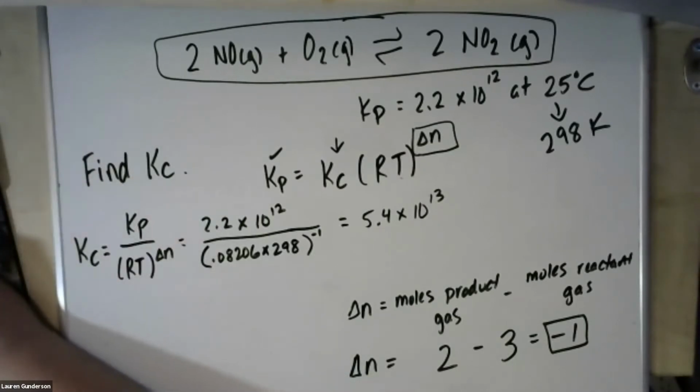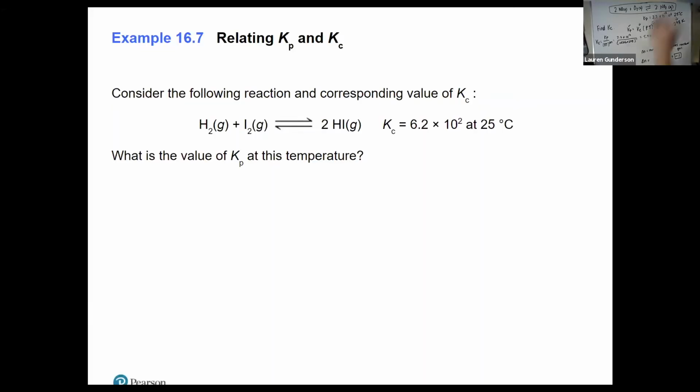All right, let's look at another one. We'll go in the opposite direction this time. This time they gave us the Kc value and we'll find the Kp value.